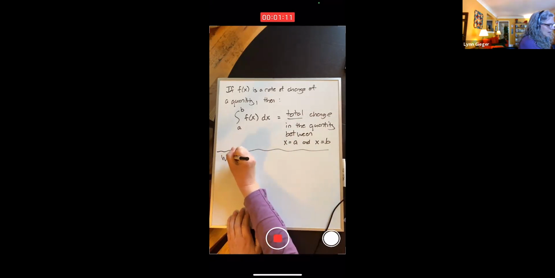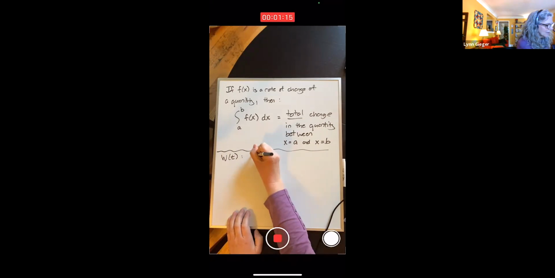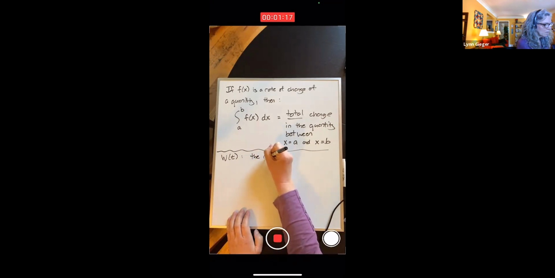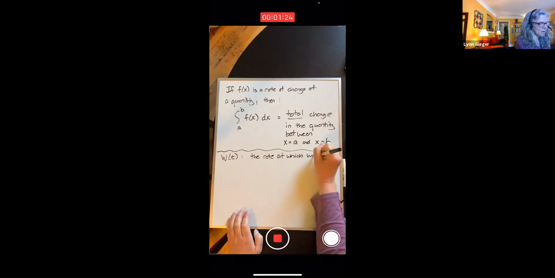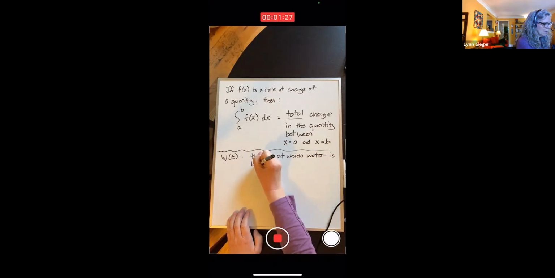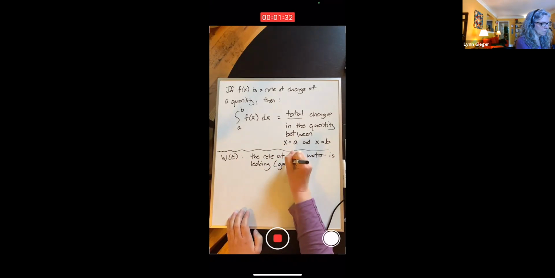Let's say that W of t is the rate at which water is leaking from a tank, in gallons per minute.